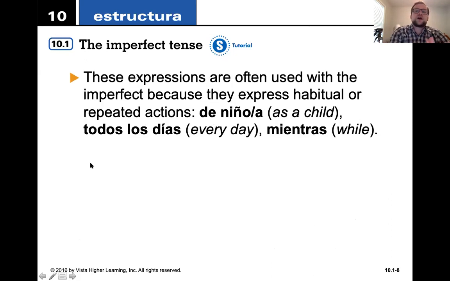Okay, so these expressions are often used with the imperfect because they express habitual or repeated actions. And you'll see this a lot. De niño, todos los días, mientras. There's several other ones that you'll see. Like I said, the other one, todos los sábados, de niño, cuando era joven, when I was young, or hace años, right? Things like that.